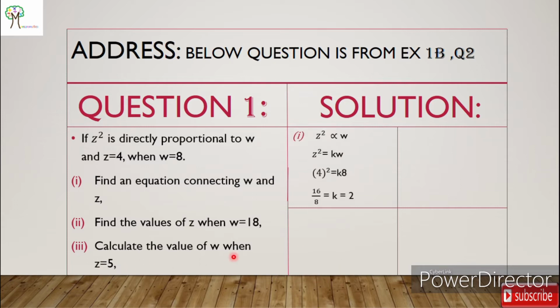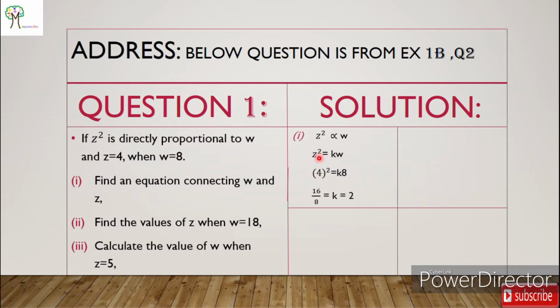Solution of part 1 is, z square is directly proportional to w. This is the sign of direct proportion, so it shows that it's a proportion. So we will say that z square is directly proportional to w. z square is equal to kw, where k is a constant, so it means z square is equal to constant times w.